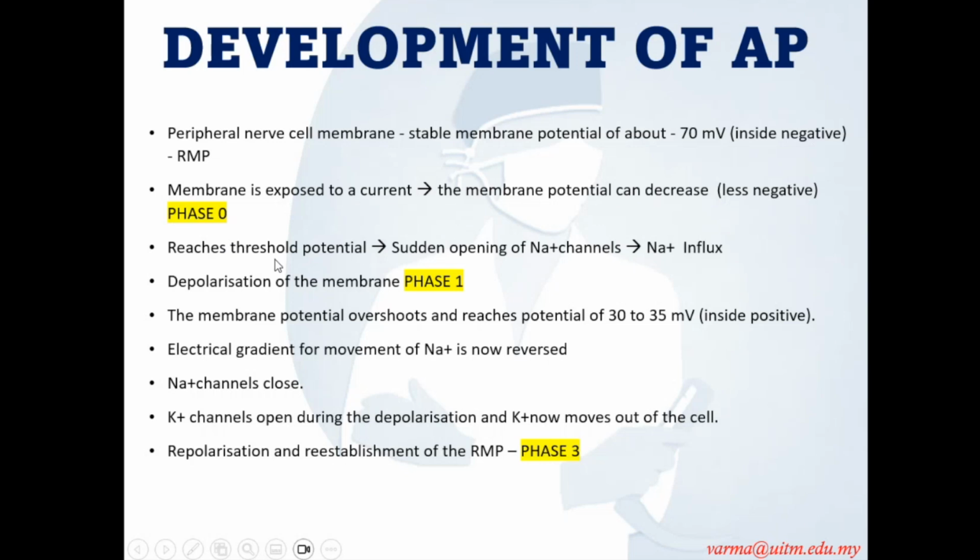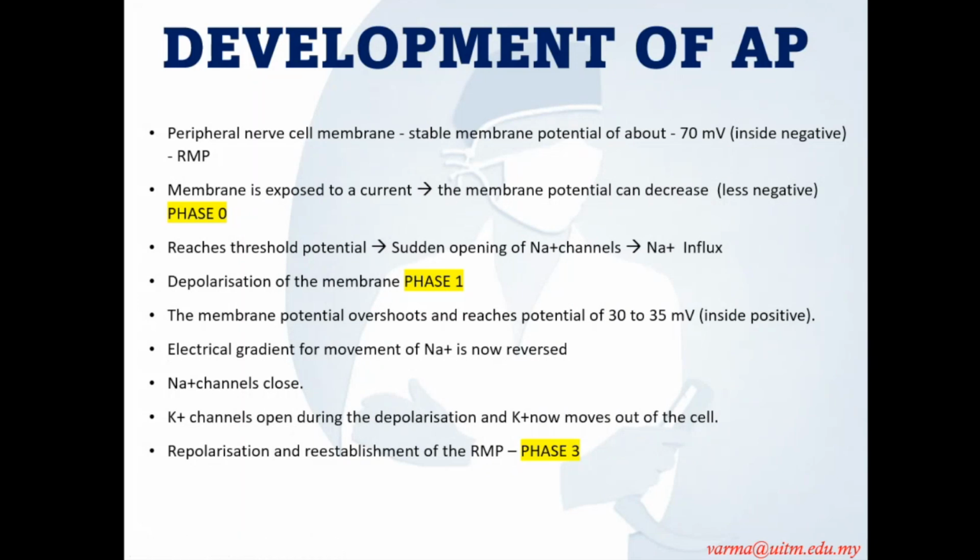It reaches the threshold potential. The threshold potential for skeletal muscle, smooth muscle and cardiac muscle is different. They have to reach this threshold potential before the spike happens, before phase 1 happens. When it reaches the threshold potential, there is sudden opening of the sodium channel, sodium influx.